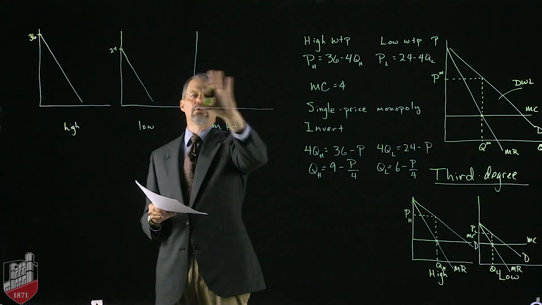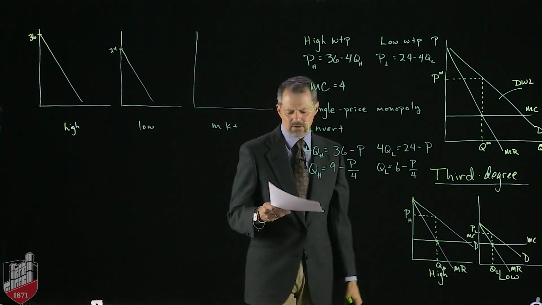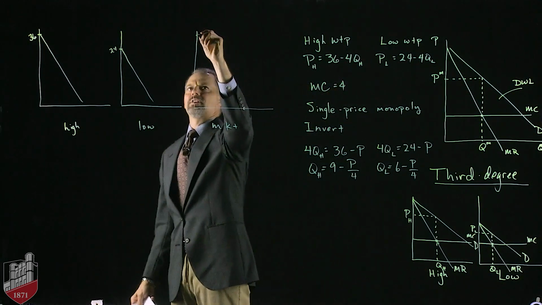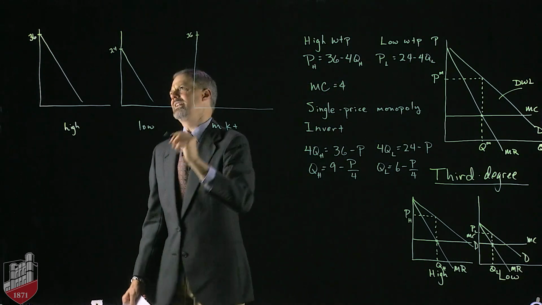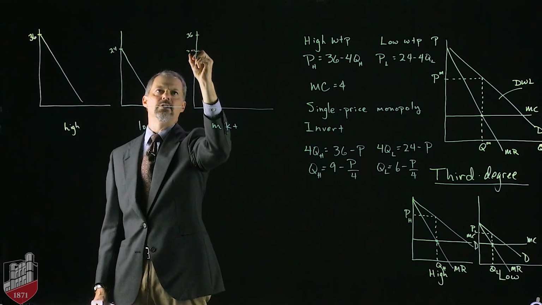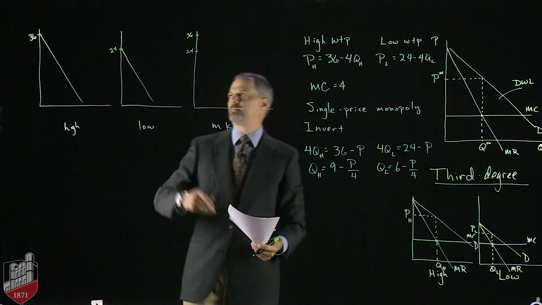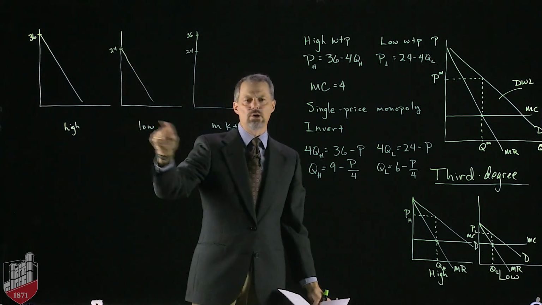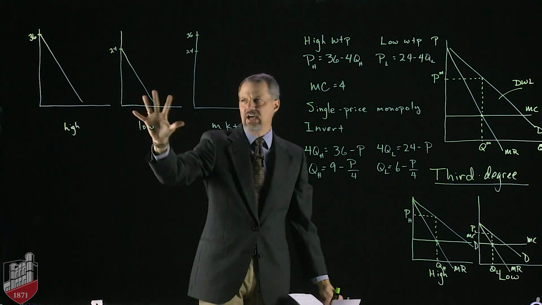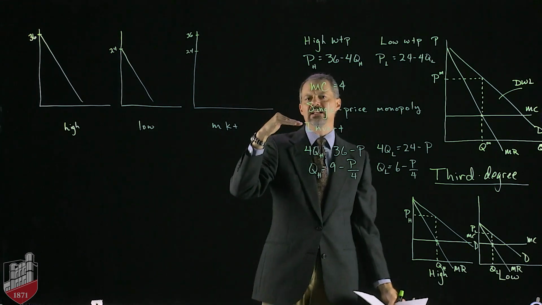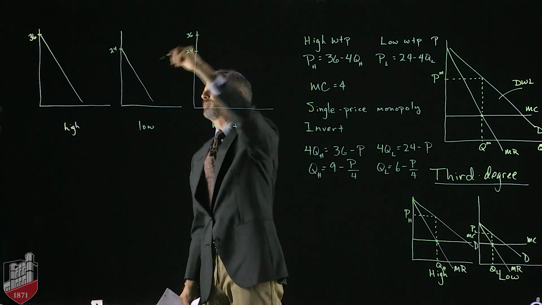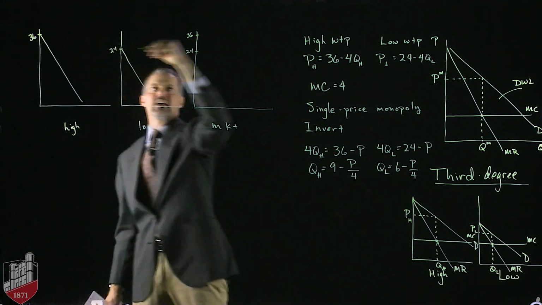So what we're going to do is over here we're going to draw the market demand curve. Now, if we're up here, let's put 36 on this picture. I'm going to put 24 here. At any price between 36 and 24, the low willingness to pay people aren't buying because the choke price for that group is 24. They're not willing to pay any price greater than 24. So between here and here at those prices, it's just this portion of that demand curve.